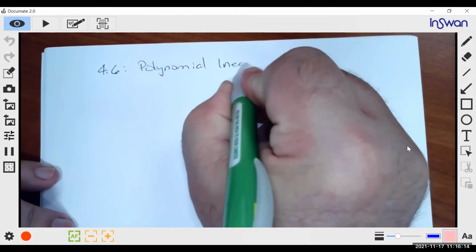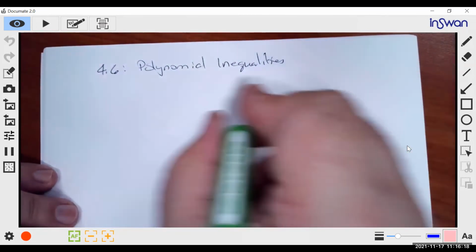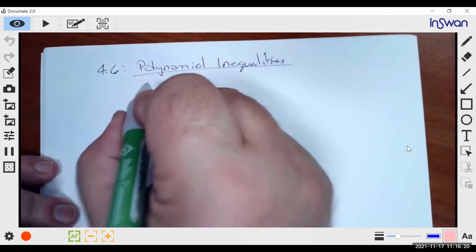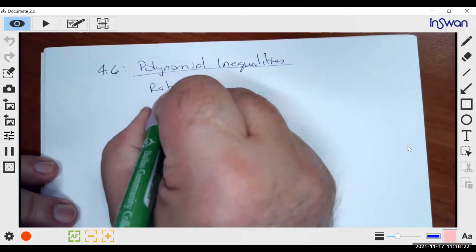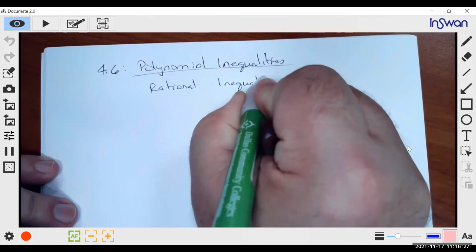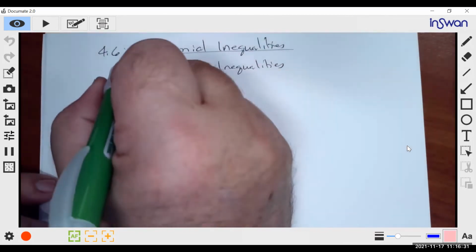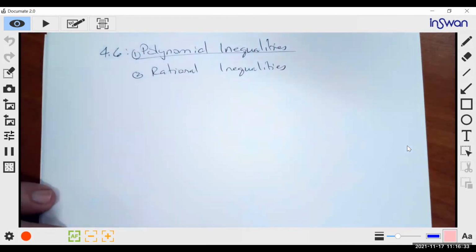We have polynomial inequalities, and then later we're going to do rational inequalities. We're going to do these two today.